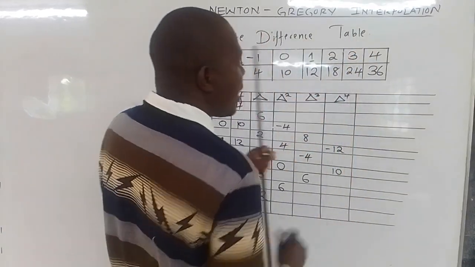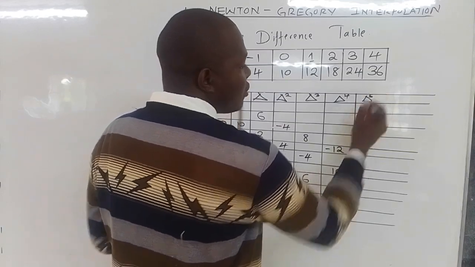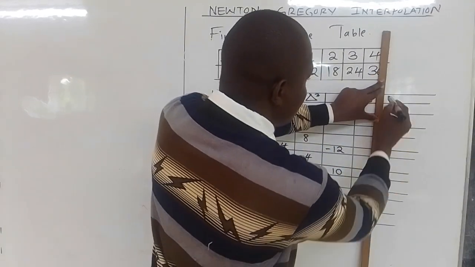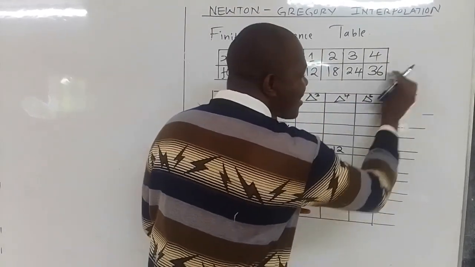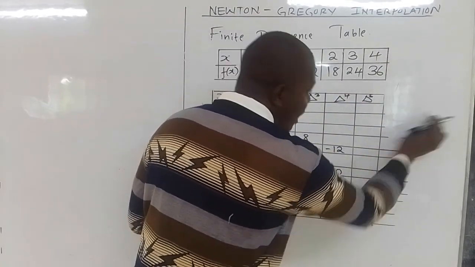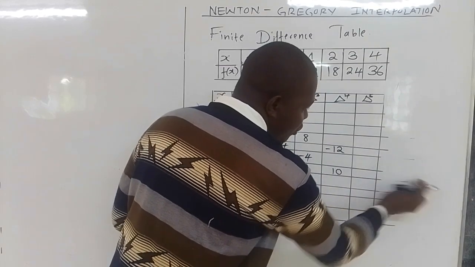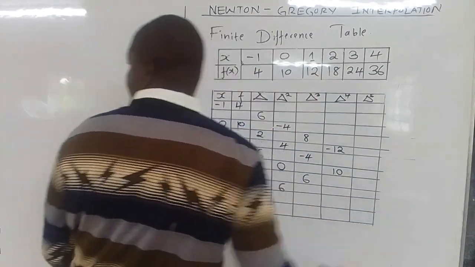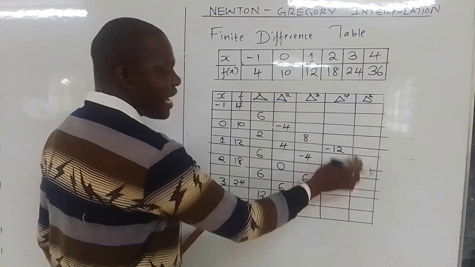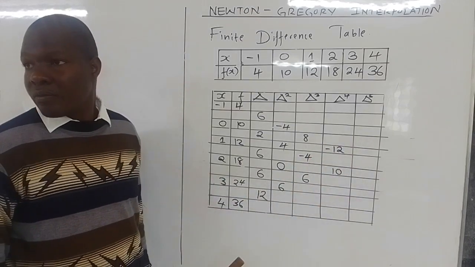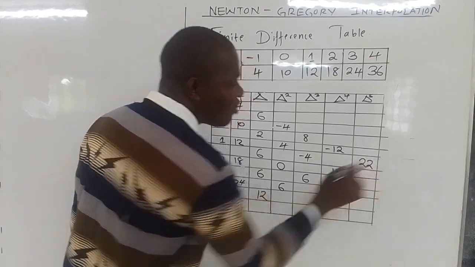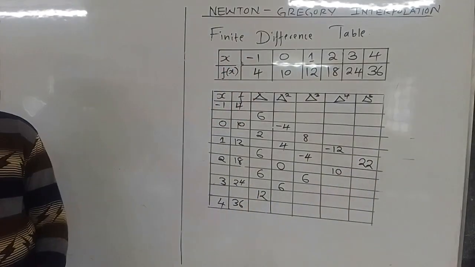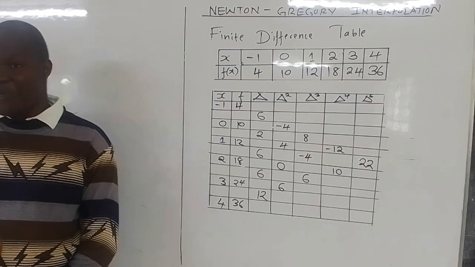So the next column we have delta power 5, isn't it? You can see the next column is actually the last one because we are going to remain with a single value, isn't it? Are we together? Yes. You are going to remain with the single value. So we have 10 minus negative 12, 22.